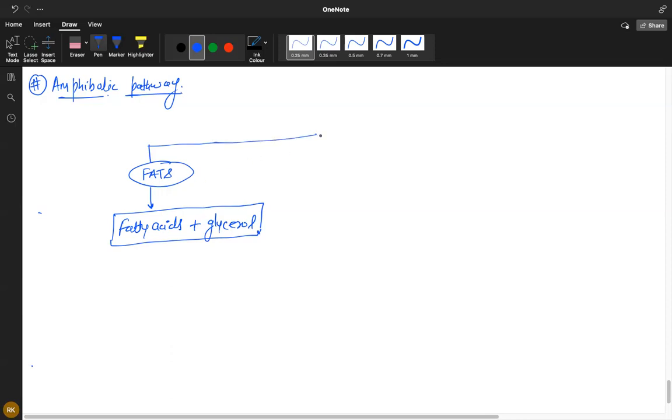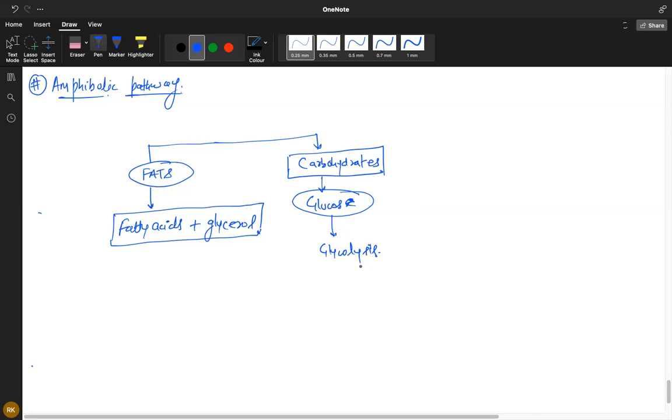And if we are using carbohydrates, let's say any simple sugar, then what happens? If we are respiring or breaking down carbohydrates, the exact thing that we studied just now will happen. All simple sugars first have to break down into glucose, and we know that glucose enters glycolysis, right?